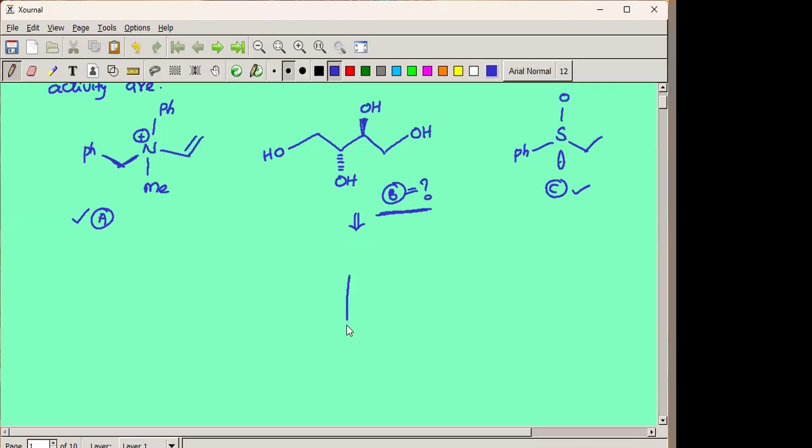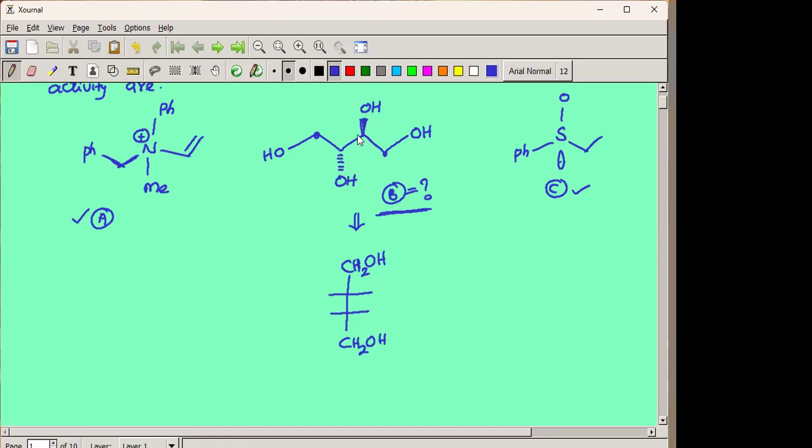When we write the molecule in Fischer projection formula, this is CH2OH, and this is CH2OH. Now we visualize the molecule like this, with 4 different branches, here H and OH. One is a thick line, the other is a dotted line.